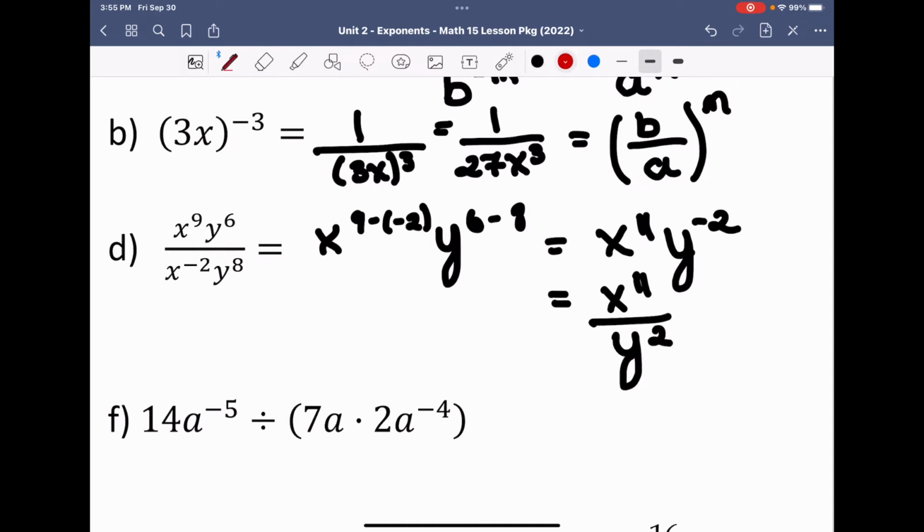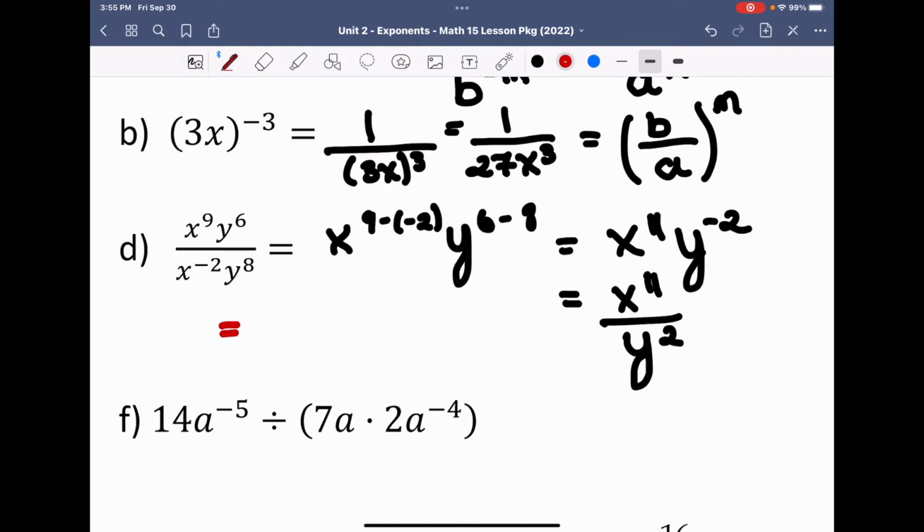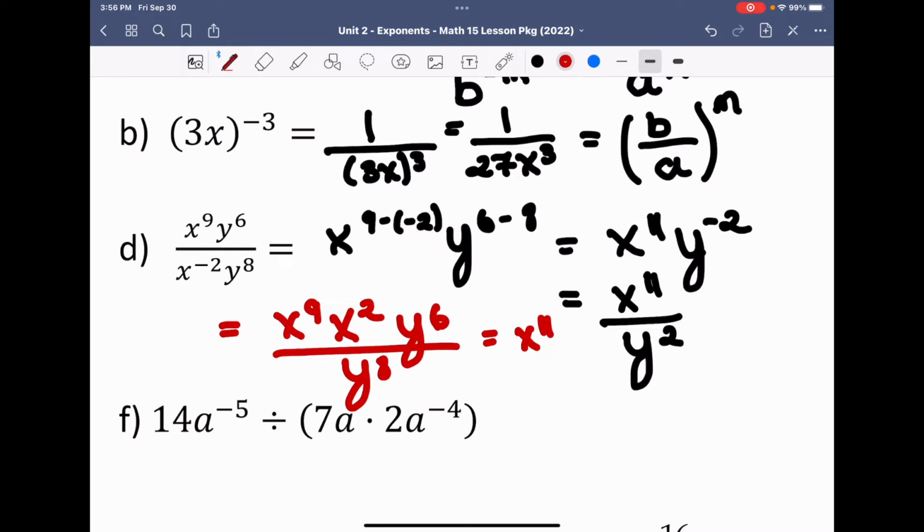The other way I could do this is say, what if I set this equal to x to the 9, I relocate the negative right away to my numerator, times y to the 6 all over y to the 8. This means I'm going to have x to the 11 and then y to the negative 2. I relocated x to the 11 over y to the 2 as such.